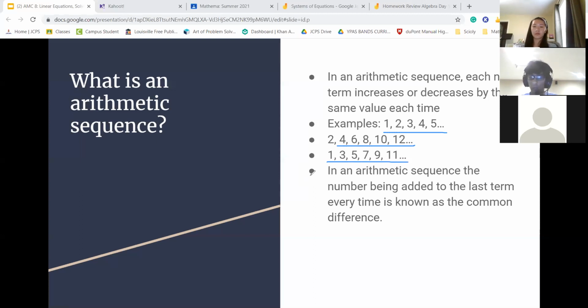Yeah, so it's going to be 1 and 2. To get from 1 to 2, you add 1, right? Then to get from 2 to 4, you add 2. And to get from 1 to 3, you add 2. So that's the common difference for each of those 3.